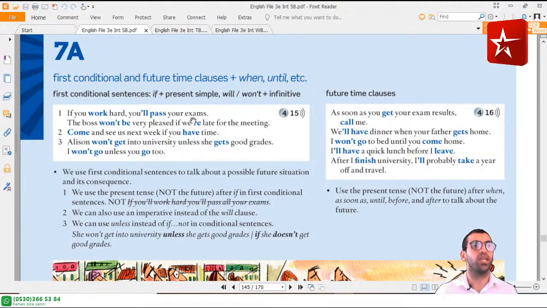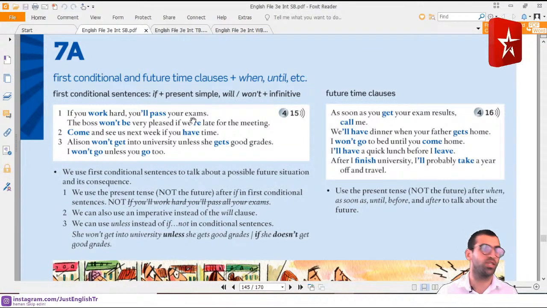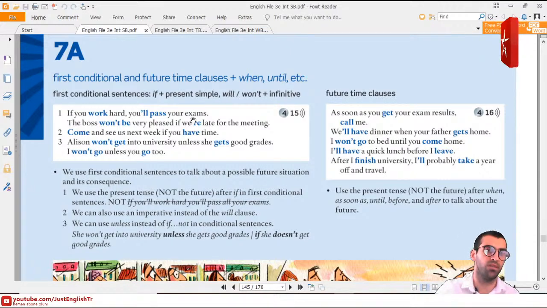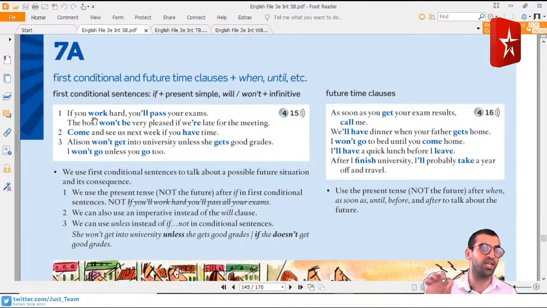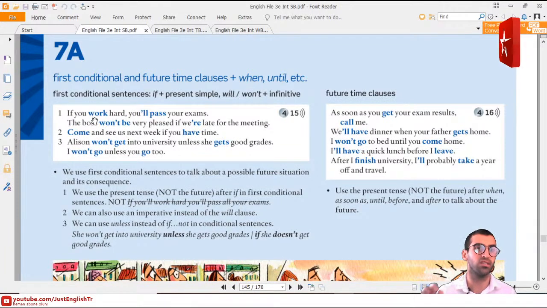Grammatically, for the first conditional, to talk about a possible future situation and its consequence, we must use present simple after if. Please pay attention closely. After if, for first conditional sentences, we use present simple. If you work hard, you will pass your exam.